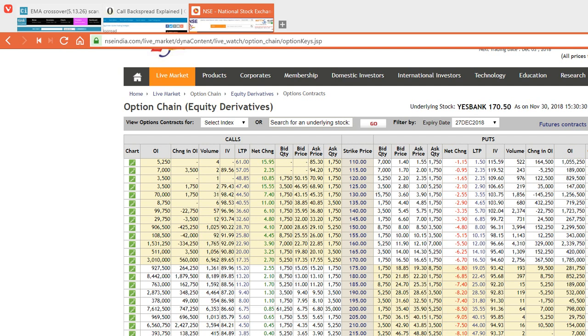As you can see, there is volume in 8,000 also, the 8,000 put. That is almost 2,000 points, more than 2,000 points away. So 3,000 points, I would say. That's my point here. In Nifty, you will see volume. It's highly liquid. However, in stock options, you may not find this. So that's pretty much about it.